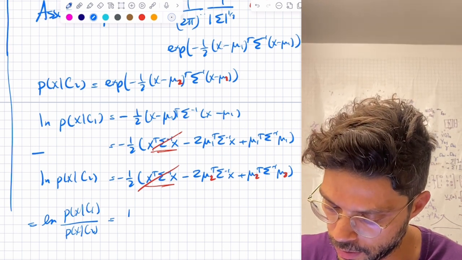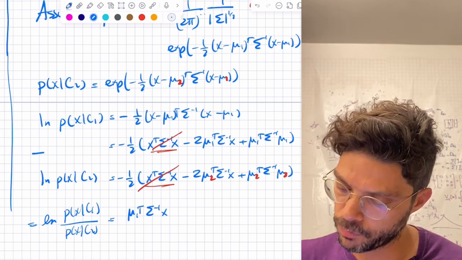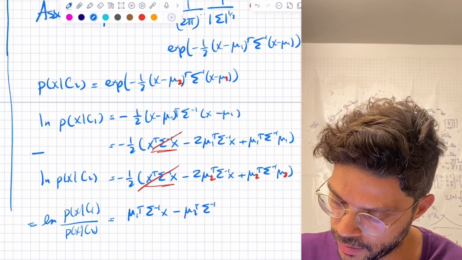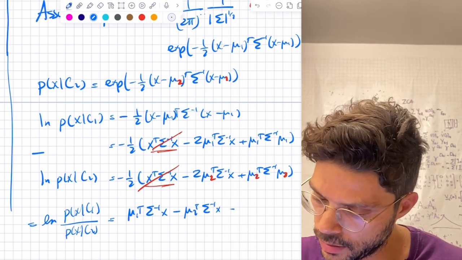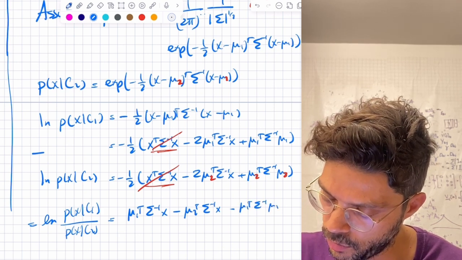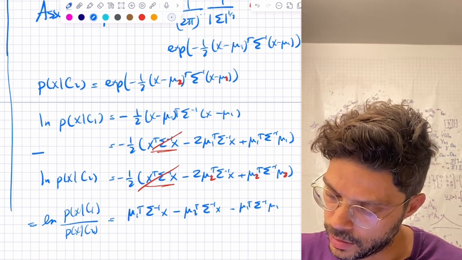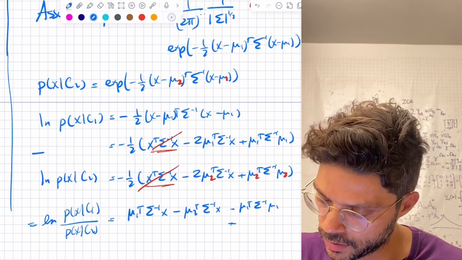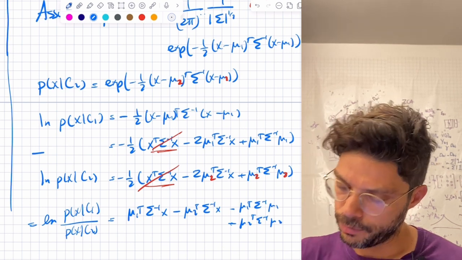We end up with mu1 transpose sigma inverse x minus mu2 transpose sigma inverse x, minus mu1 transpose sigma inverse mu1, plus mu2 transpose sigma inverse mu2.